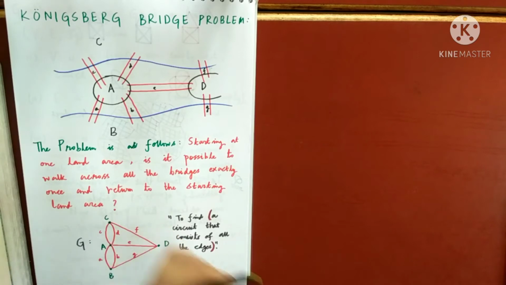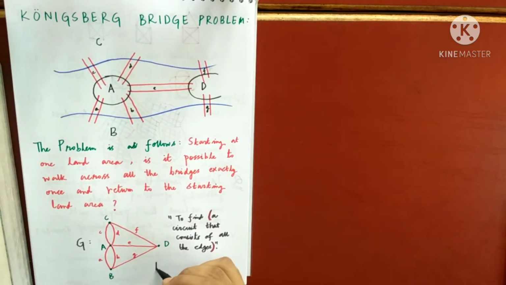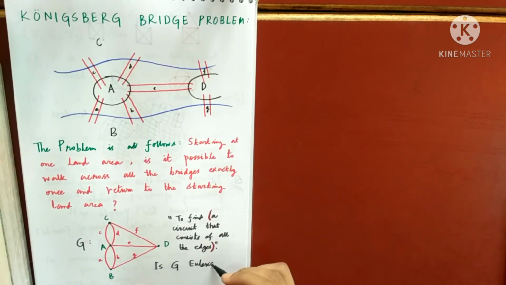Suppose I am calling this graph G. So now the question is: is this graph G Eulerian? The question is as simple as that. The Königsberg problem has now been changed to a very simple question of graph theory. If I call this graph G, the simple question is: is this graph an Eulerian graph?